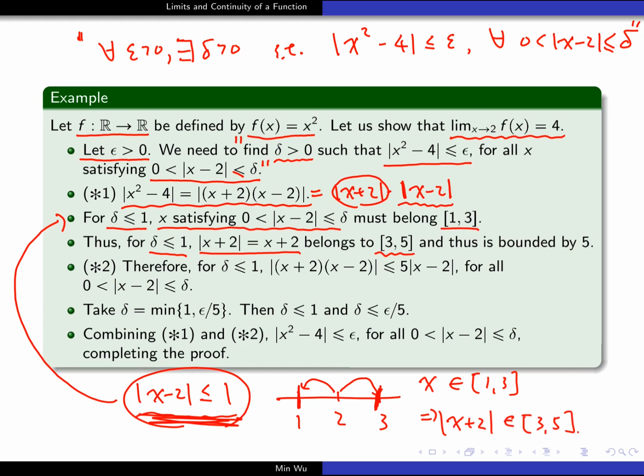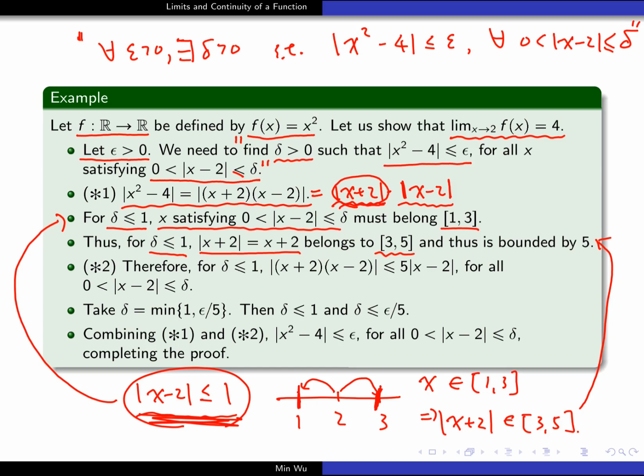Alright, so this is this line. And this is a key idea, because when we choose delta less than or equal to 1, we can guarantee that x + 2 is between 3 and 5, and the very first term here is controlled inside 3 and 5.